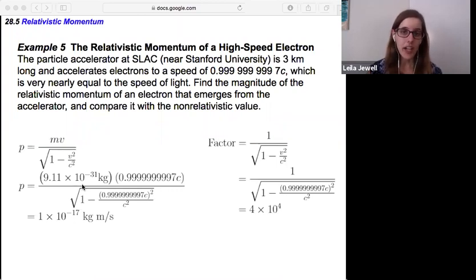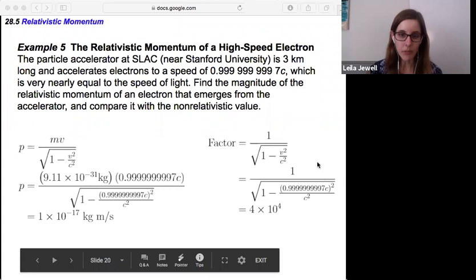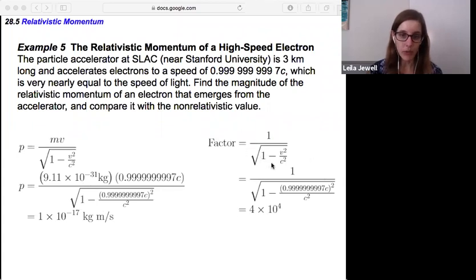And we can see, okay, how much bigger is this relativistic momentum than the non-relativistic momentum? Well, the non-relativistic momentum does not have this factor of 1 divided by the square root of 1 minus v squared over c squared. And so when you calculate just that factor, you end up coming out with 4 times 10 to the 4.